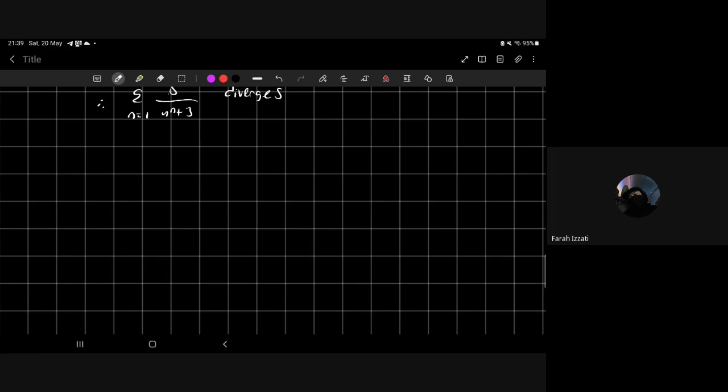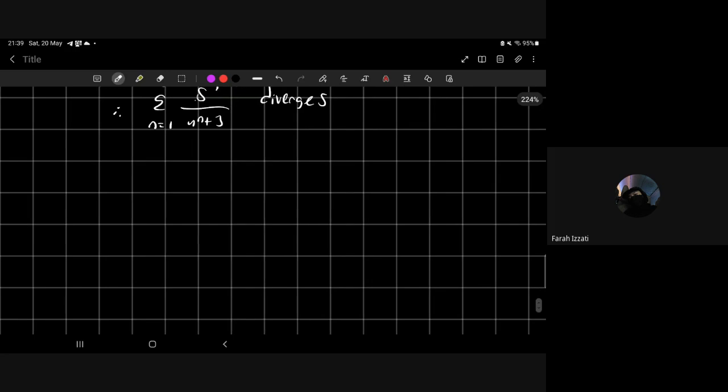It's confusing. I kind of got stuck there. Yes, I used the integral test, but I'm not sure whether it's correct to start. I think there's a better way of solving it without using the integral test.